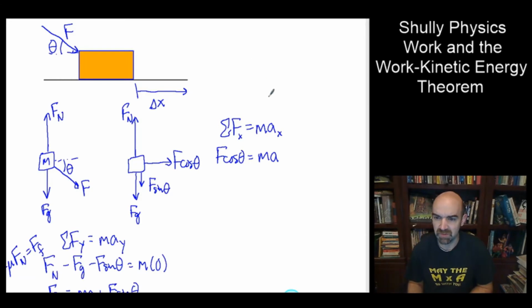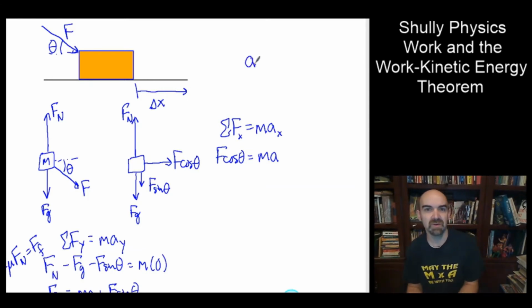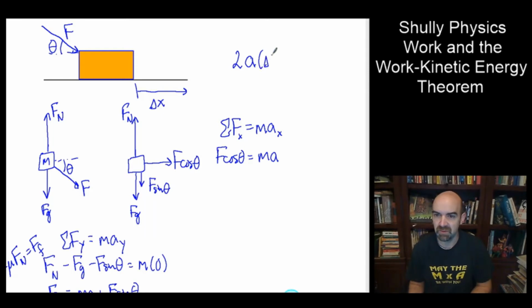So where does work come from? Let's get acceleration in terms of a change in velocity, an initial velocity, a final velocity, and displacement. What's a linear motion equation for average acceleration, where time is not a variable? That one would be this creature here, the 2a delta x.